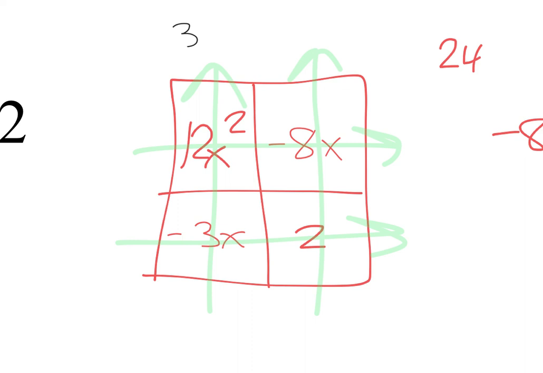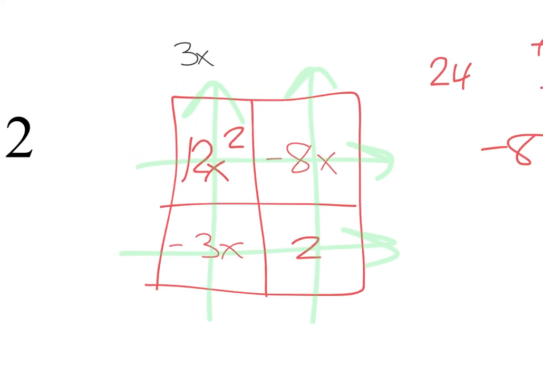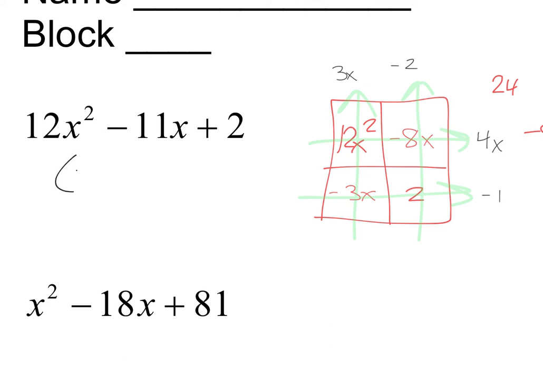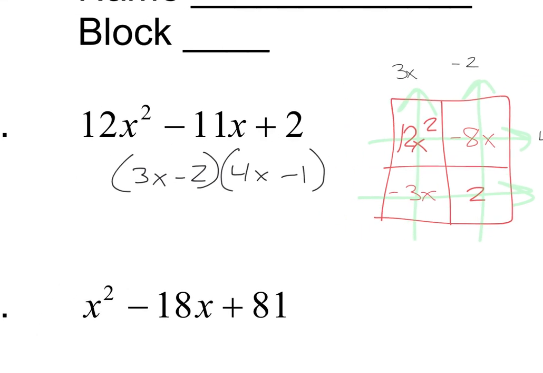So this would be a 3x. This would be a negative 2. This would be a 4x. This would be a negative 1. So this would factor to 3x minus 2, and 4x minus 1. And you could FOIL that out if you wanted to, and you'd recognize that you do, in fact, get right back to that. So I just wanted to point that out on this page.